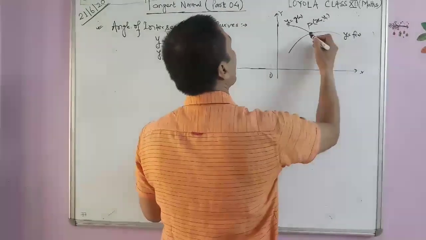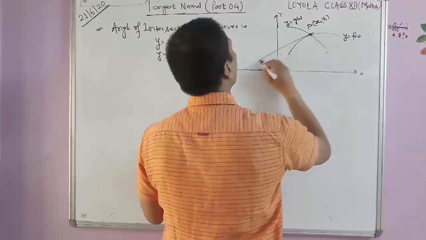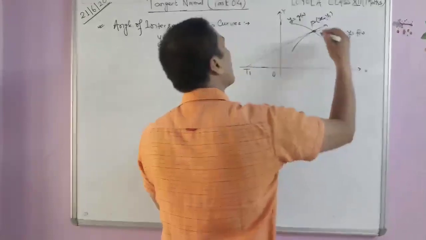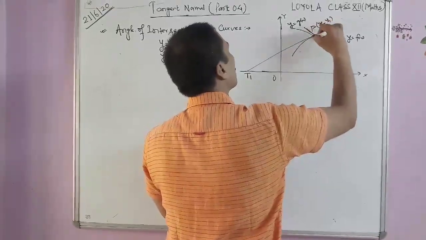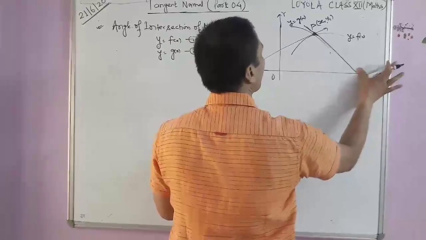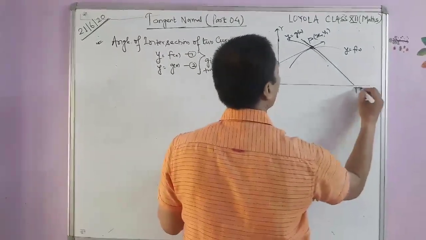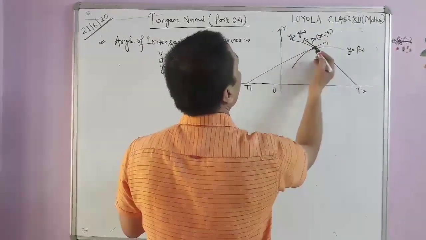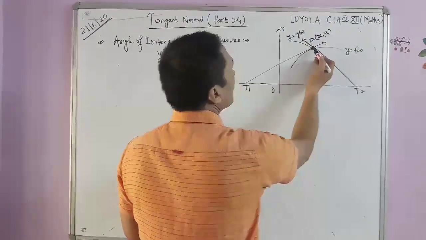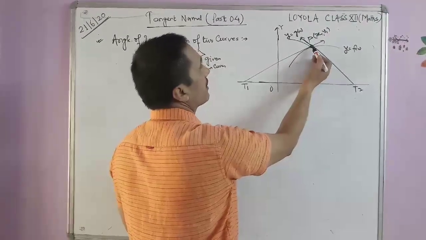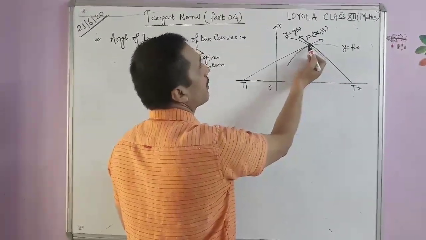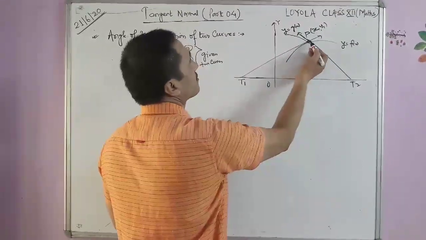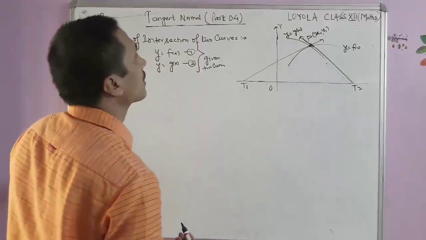Here tangent to the first curve is PT1 and tangent to the second curve is PT2. Here PT1 is tangent at the point P(x1, y1) and PT2 is tangent at the point P(x1, y1) to the second curve y equal to g(x). Here P(x1, y1) is common to both curves.